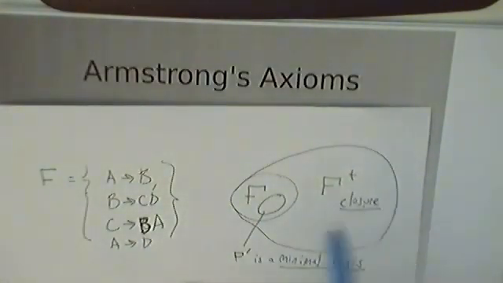It's always relative to a set of functional dependencies. So we can talk about the closure of F, which is this big F plus, or we can talk about the minimal basis of F, which is this little F prime.